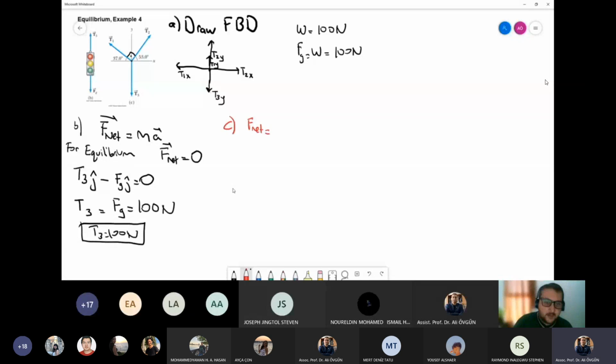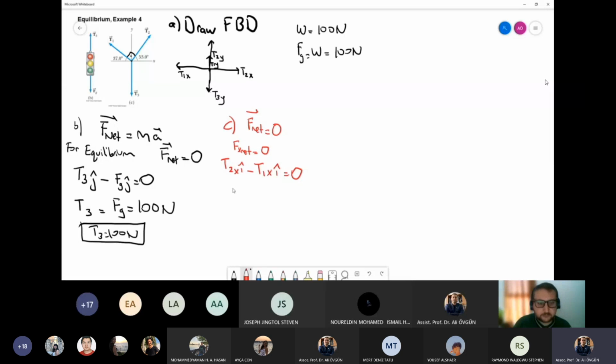F net equals 0 because the system is in equilibrium. So Fx net is equal to 0 and also Fy net is equal to 0. From Fx equal to 0, you can write the forces in the x direction. What are they? T2x i hat minus T1x i hat equals 0.